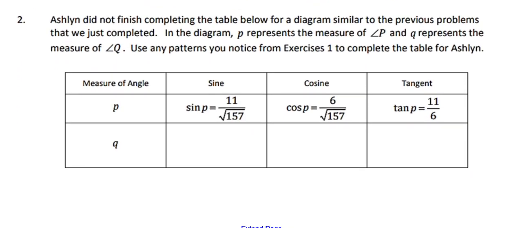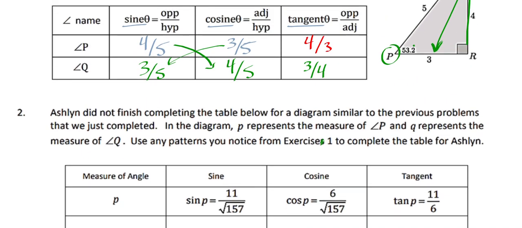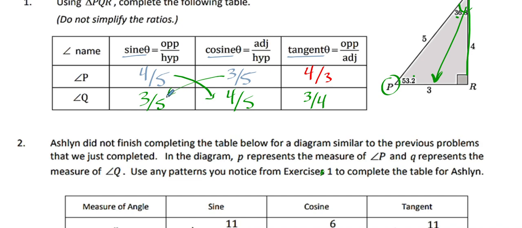Alright, so I actually did not complete the following table for the diagram, similar to previous problems that we just completed. In the diagram, P represents the measure of angle P, and Q represents the measure of angle Q. Use the patterns you notice from exercises 1 to complete the table for Ashlyn. So this is really just getting you to see how these are going to flip-flop.